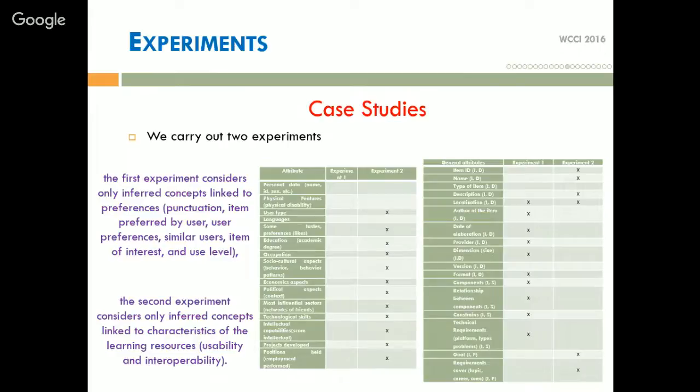And in a second type of experiment, we studied the characteristics of the learning resource. That means we are going to infer if these characteristics are present in one specific learning resource. That means here we have two different utilizations of the fuzzy cognitive map.